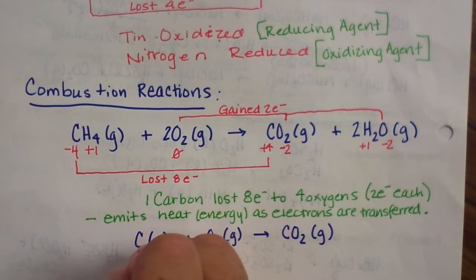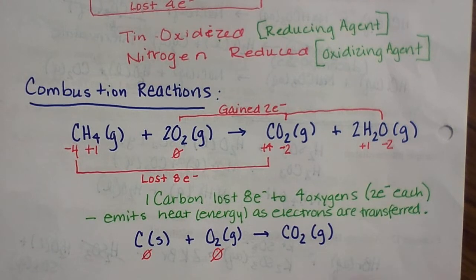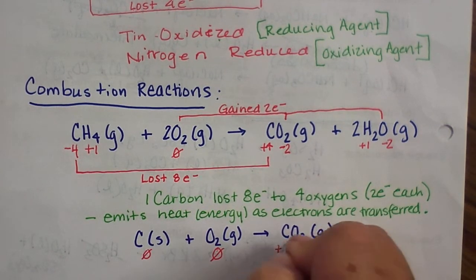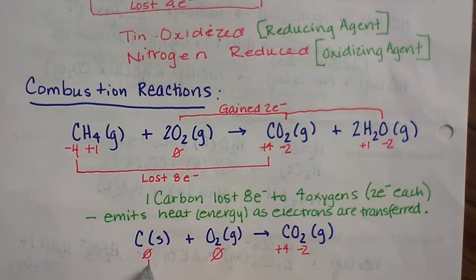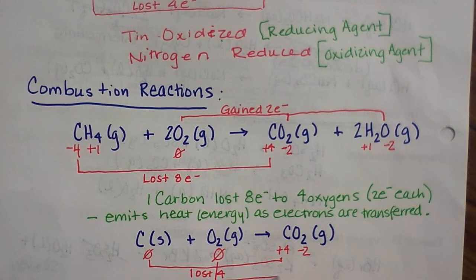So here's carbon as 0 and oxygen as 0, both freestanding. Here's oxygen as -2 and carbon as +4. Once again, carbon has lost 4, and each oxygen has gained 2.